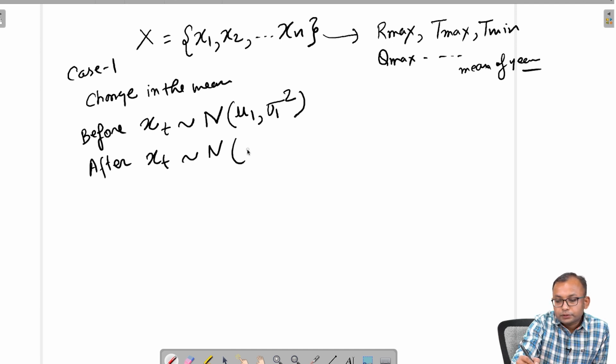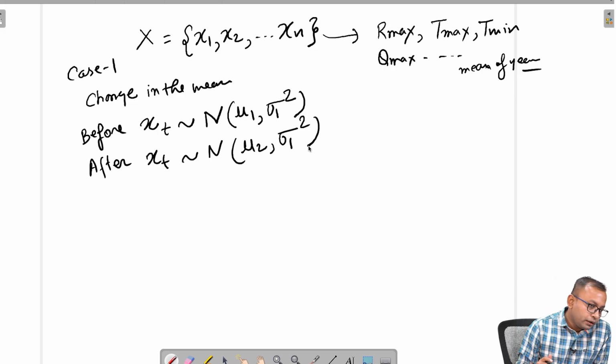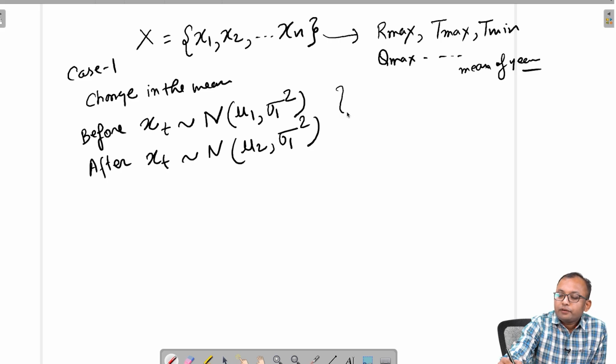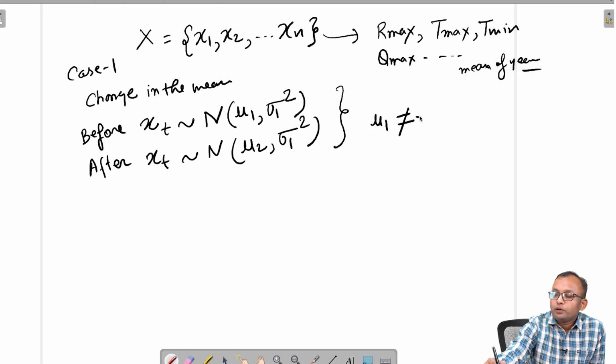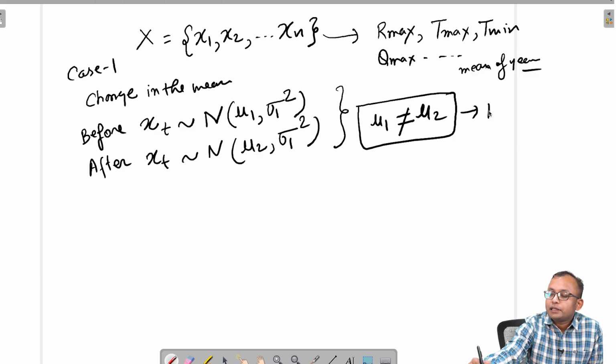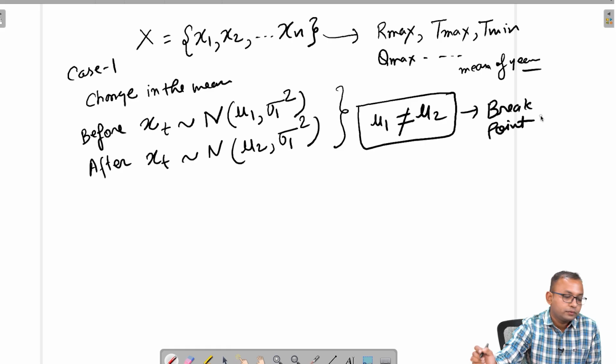After the change point it is a normal distribution with mu 2 and the same sigma 1 square. So, when we look at this kind of data set, we observe that mu 1 is not equal to mu 2, and where this arises is considered to be a breakpoint location.